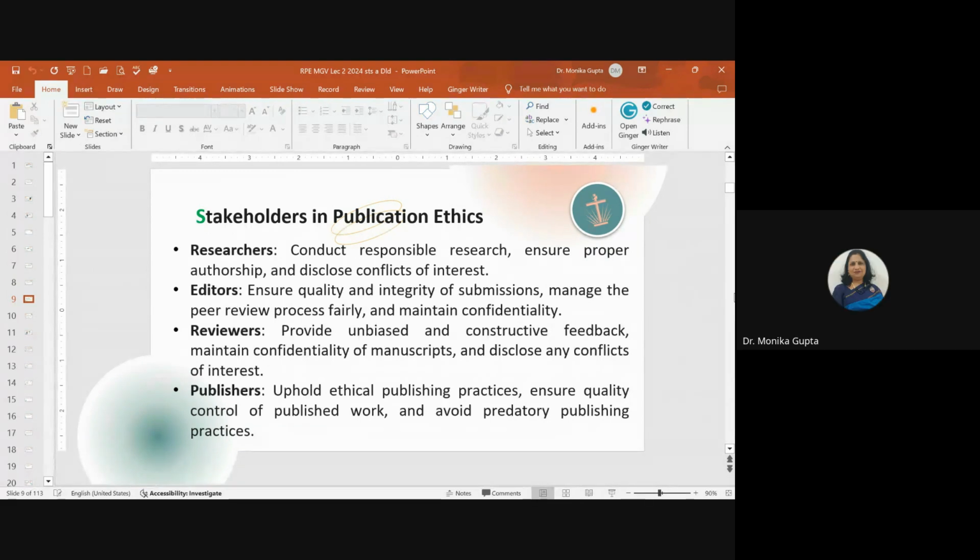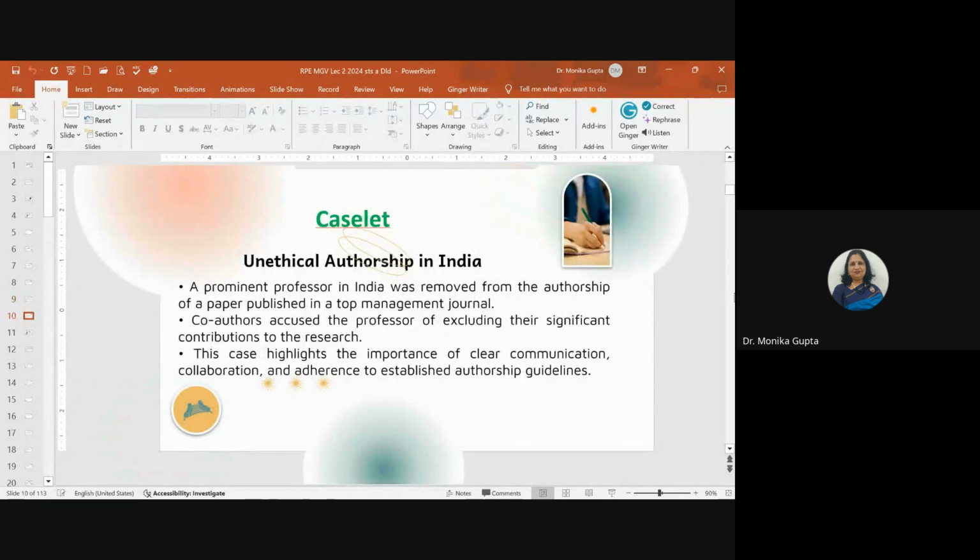Yes, ma'am. Okay, so let us see a caselet. Unethical authorship in India. A prominent professor in India was removed from the authorship of a paper published in a top management journal. Co-authors accused the professor of excluding their significant contributions to the research.